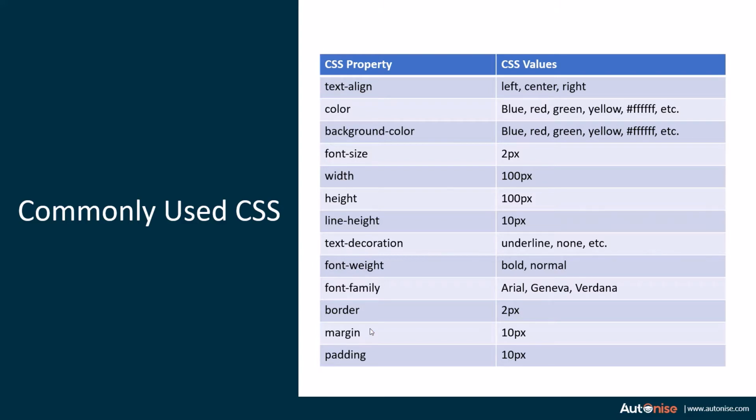So, margin and padding, as they are distance metrics, they can be specified in pixels. These are the commonly used CSS properties and their values, but you do not need to remember them. When you are using VS Code, you will get all of these suggestions and you can use Google to search about it and use them accordingly.